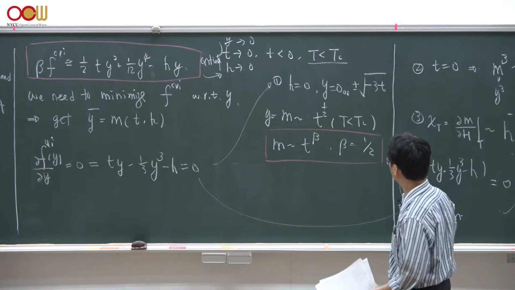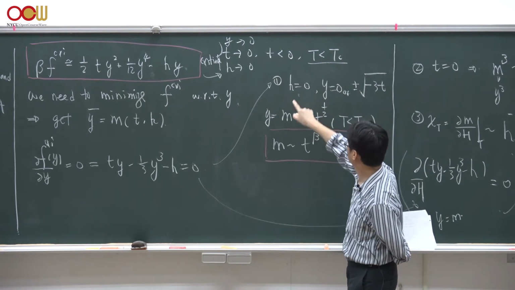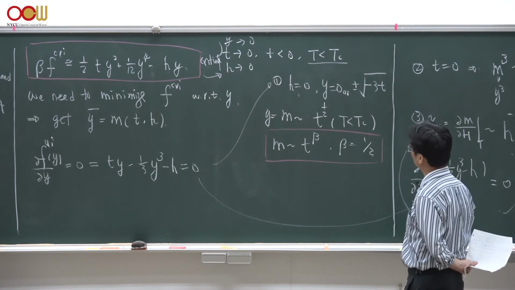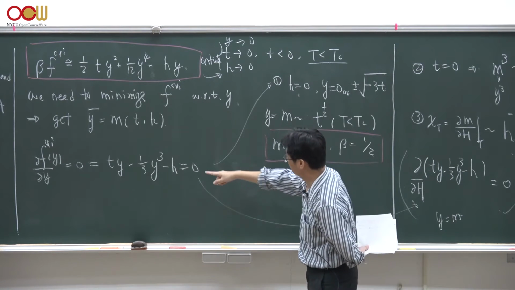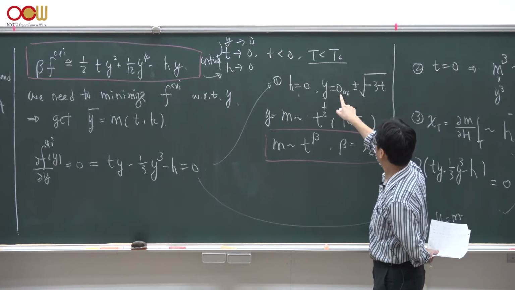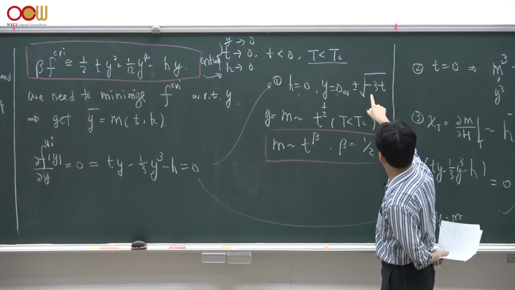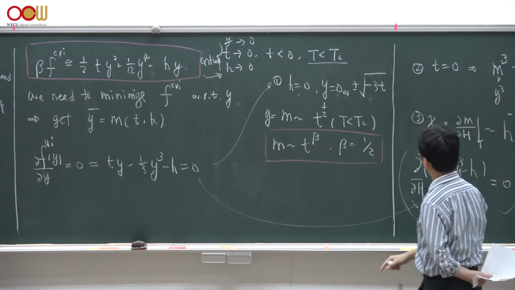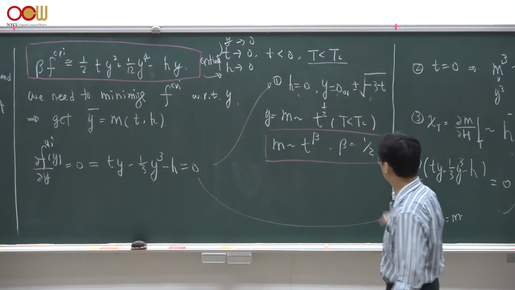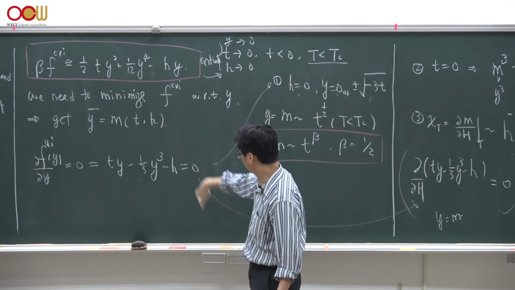As I mentioned, at the critical point, this external field is actually 0. So when little h is 0, we can find the solution for little y. There are three possible y values. One is 0, of course, which is trivial, but there are two others, plus or minus the square root of minus 3t, coming from the solution of this equation by suppressing this little h.